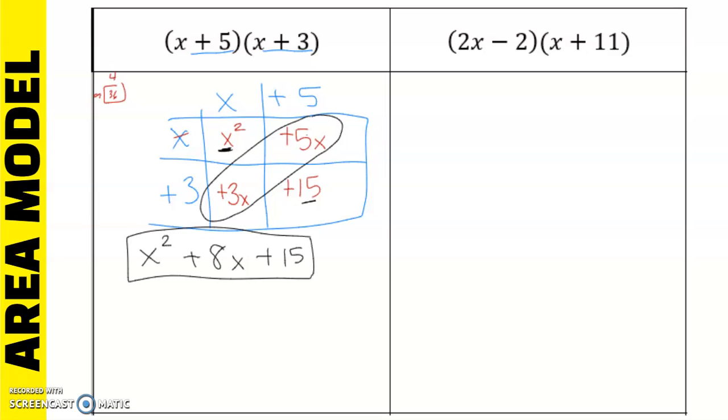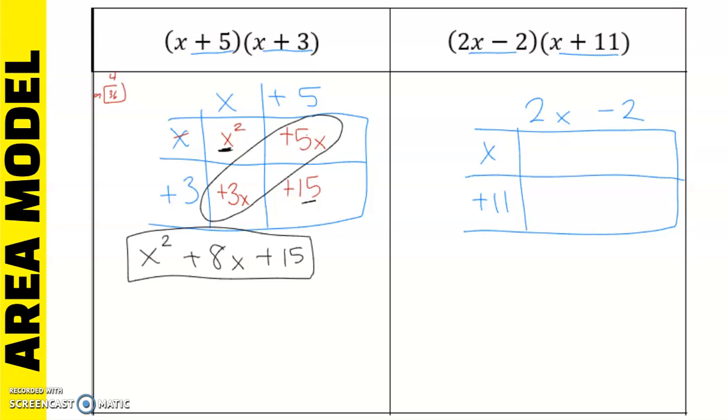All right, let's try it again. 2x minus 2 times x plus 11. So remember, those are the two side lengths for my rectangle. So 2x minus 2, and then I have x plus 11, set up my box, all the pieces, and then I multiply, okay? x times 2x is 2x squared, because 2 times 1 is 2, x times x is x squared. x times negative 2 is going to be negative 2x.